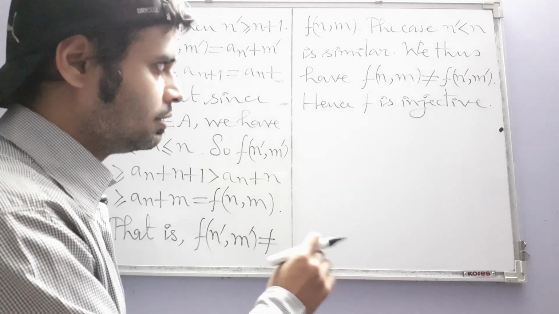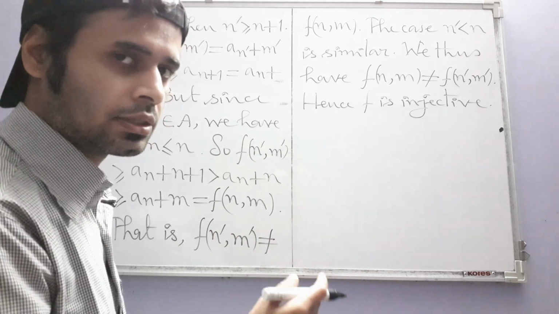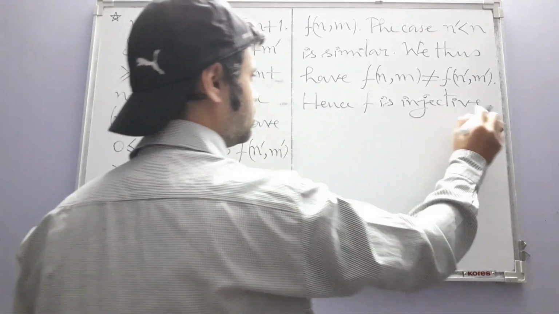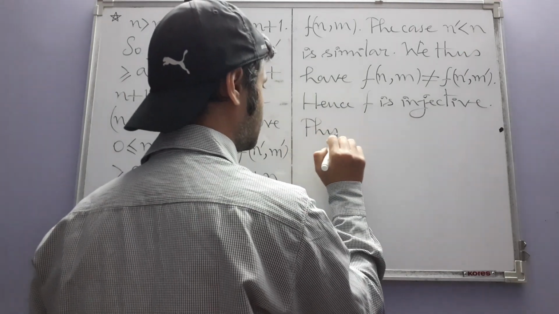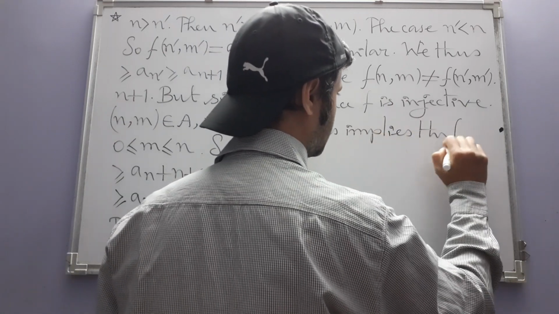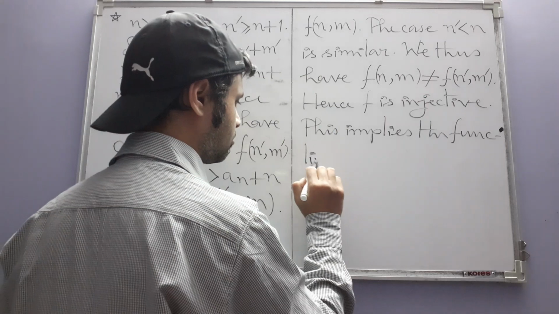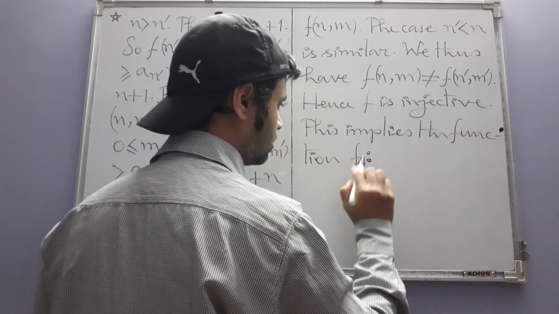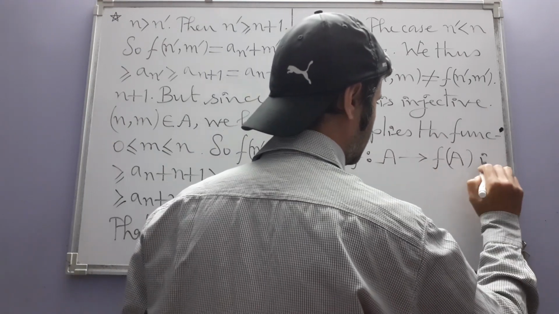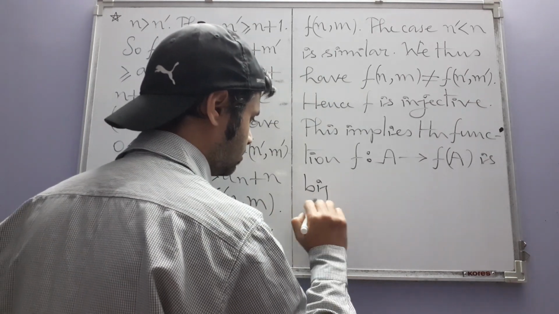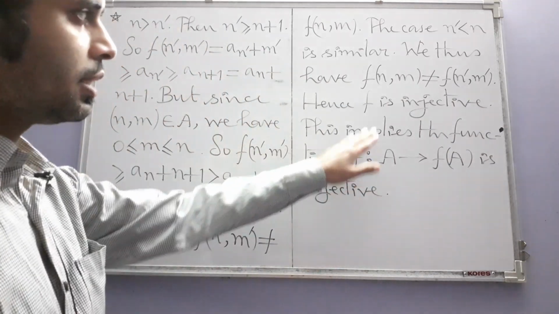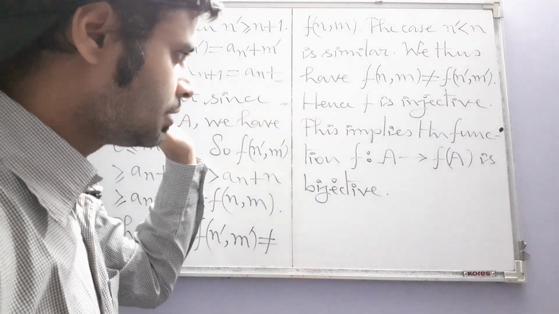Now if we change the range from the set of natural numbers to the image of f itself, I mean the image of A itself, that is, the function f from A to f of A is bijective, because already it's injective. I mean the original function we have proved that it's injective.